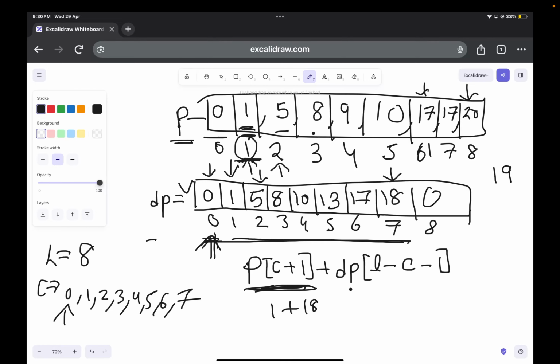Explain me again. I didn't understand. Sir, cut is 0, the length remaining is 8, but for the price we are giving for 1 length. Ah. So should the length be 7 for the second case, DP of L minus C minus 1? Okay, so let's take it 7.